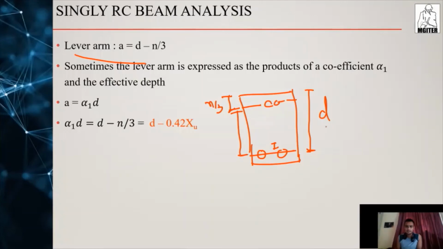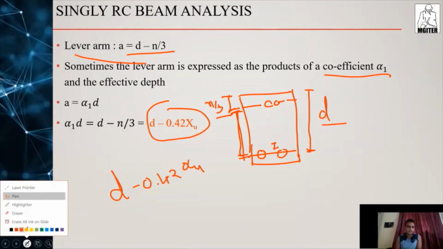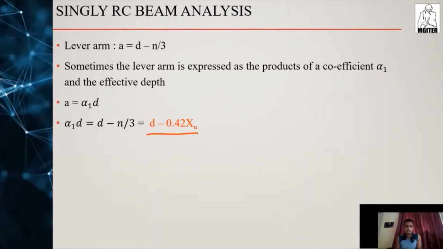So by this d minus n by 3 we find this. And by some expression with coefficient alpha, we find this equation, d minus 0.42 xu, this equation for the lever arm.